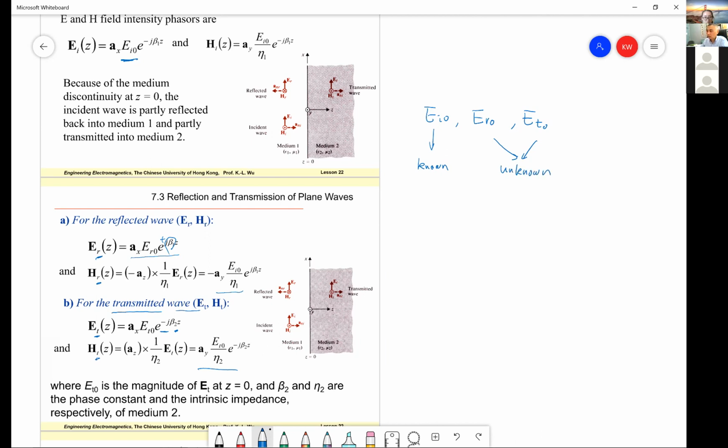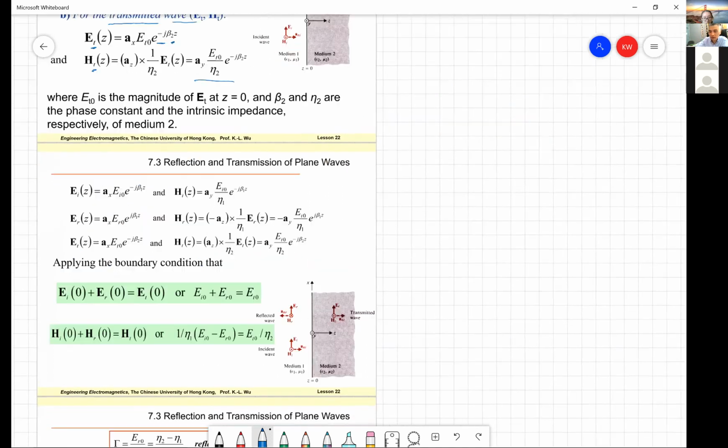Okay, then we have 2 unknowns. We expect to have 2 equations, right? Then how to find their relations?